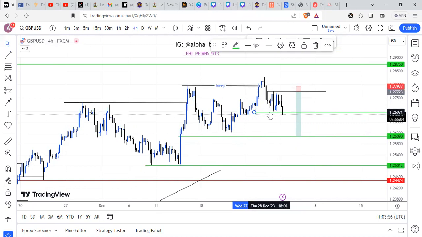So there's now a change of market character right here. This low right here, we've gotten a change of market character, but I usually call it a shift of market structure to the downside, right?